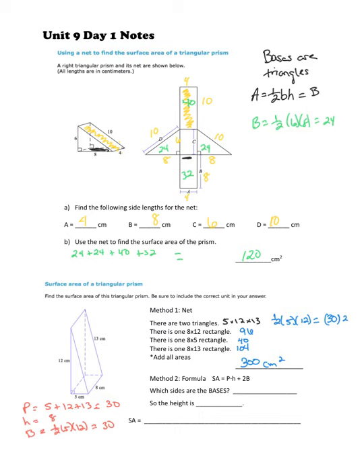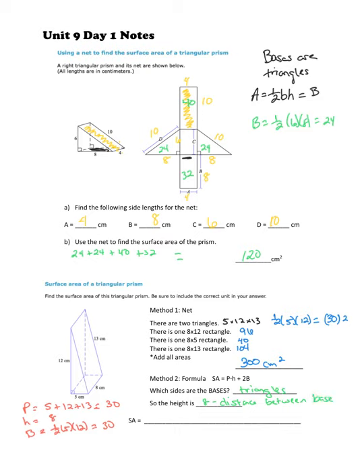I've got my pieces, now I'm going to put them all together. Which sides are the bases? The triangles. The height is 8, the distance between the bases.